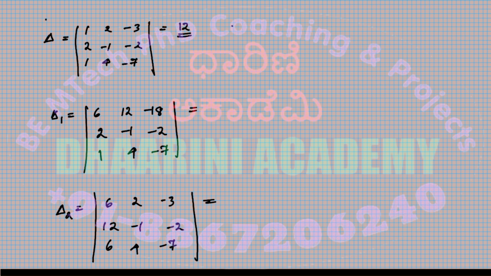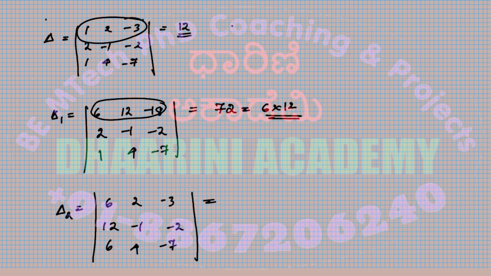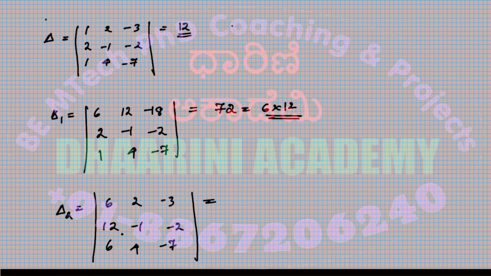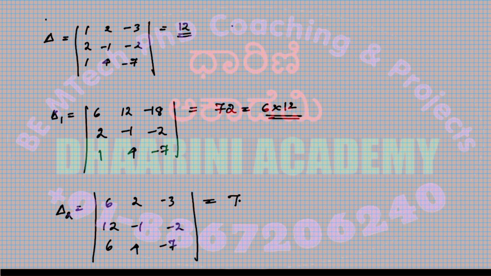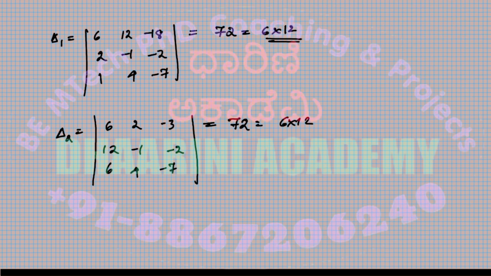So the answer here comes 72, which is nothing but 6 into the previous value. We can see that here the first row got multiplied by 6, that's why the result also gets multiplied by 6. Same thing happens with this determinant. First column gets multiplied by 6 compared to the original determinant, right? Because of that reason, here also we are getting 72, that is equal to 6 into 12. All right, let's move further.